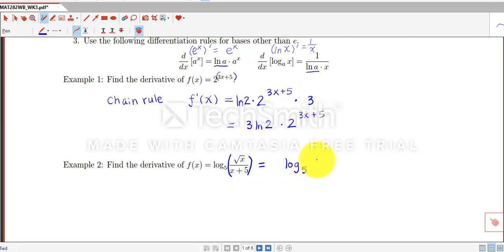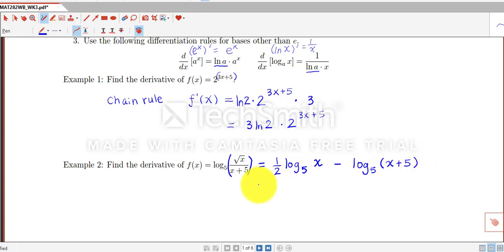Log base 5 of the numerator, square root of x. But square root of x is x to the 1/2 power. So we factor out the power 1/2 using the power rule of logs. And we have to subtract the log of the denominator, x plus 5.